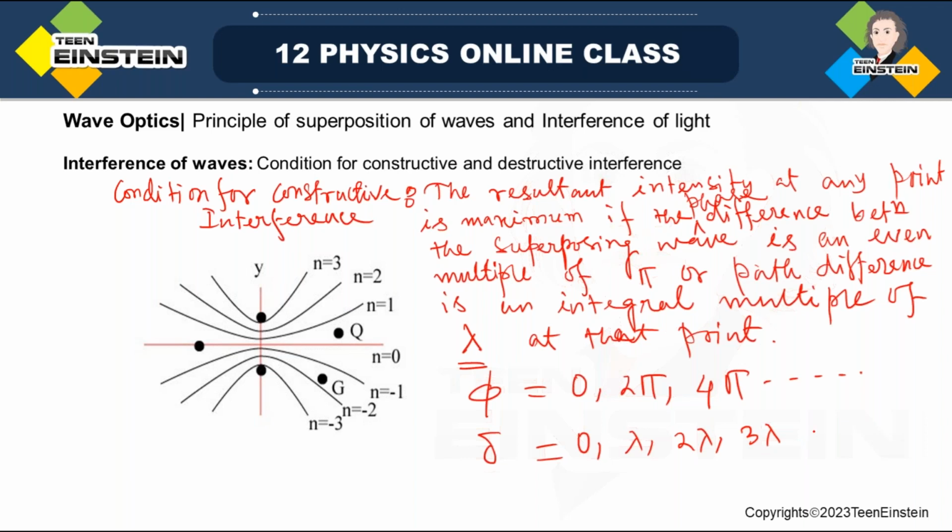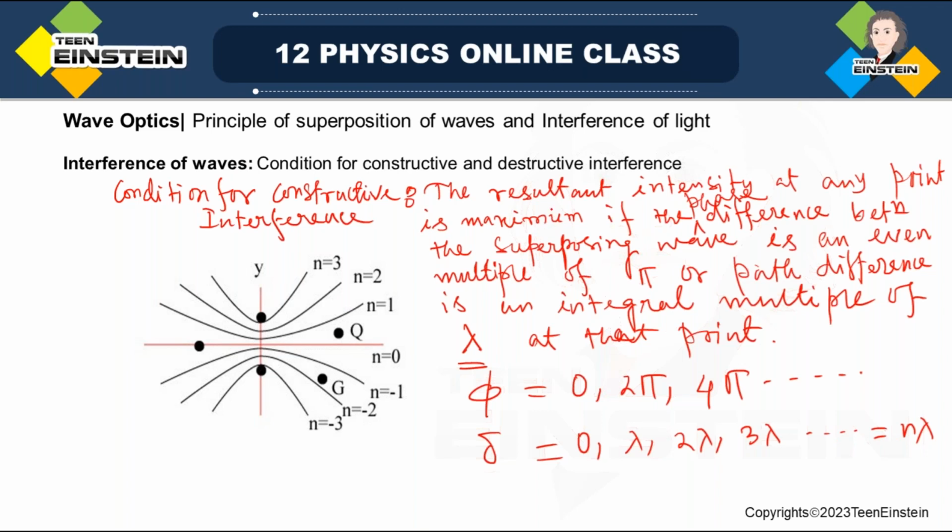So this is actually an integral multiple, not a half multiple. This can be written as delta equals n lambda. N means an integer, so all the natural numbers will come, 1, 2, 3, 4, but it has to be an integral number, not fractional.